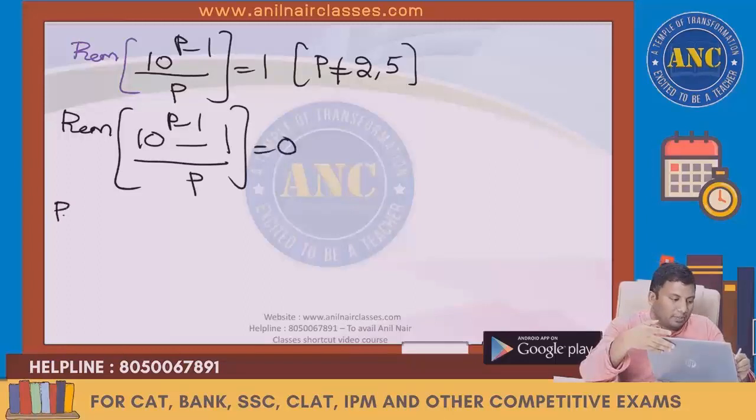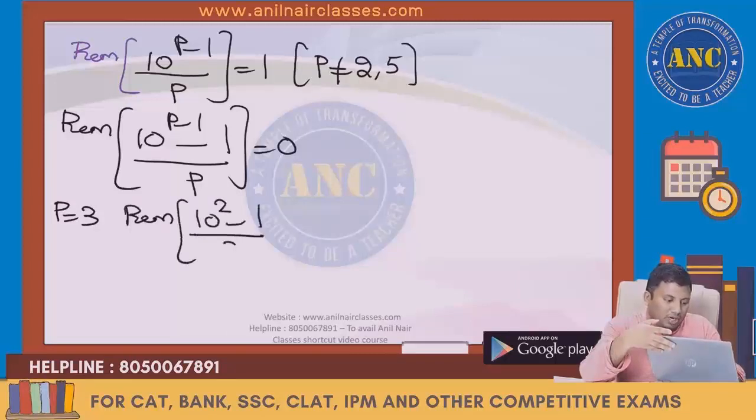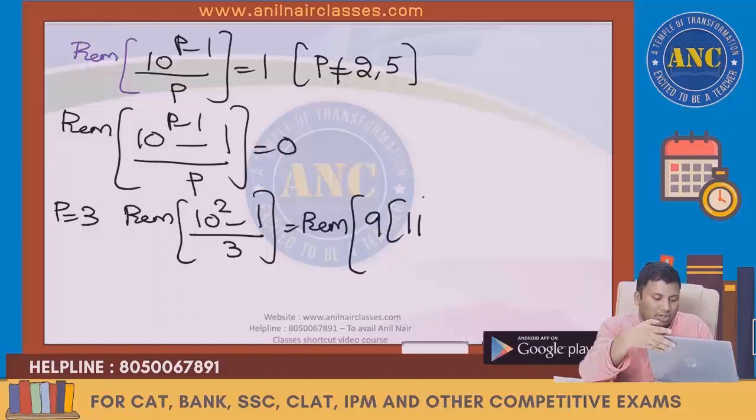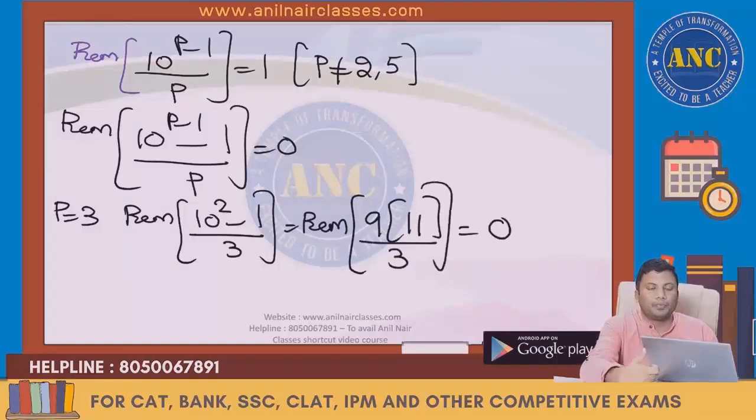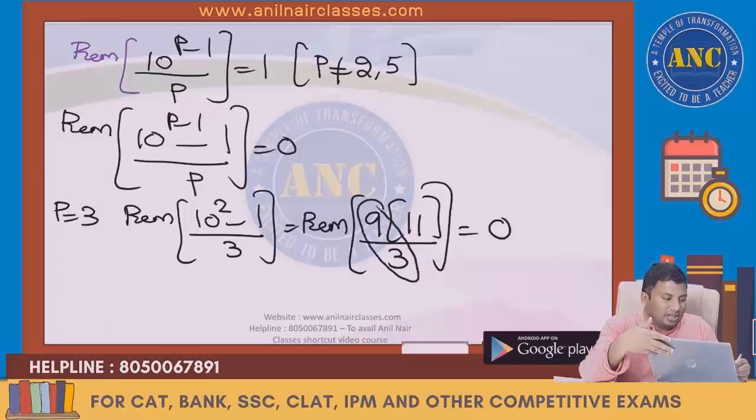If I take p value 3, this is the remainder of 10 square minus 1 divided by 3. 10 square minus 1 is 99, which divided by 3 is 0. Am I right? 9 is divisible by 3.